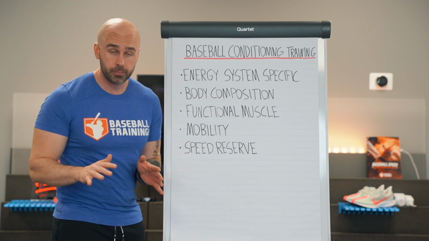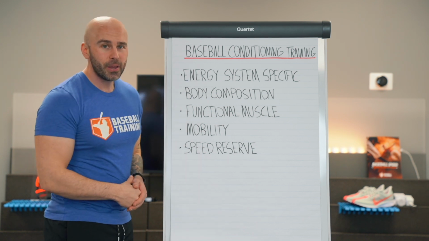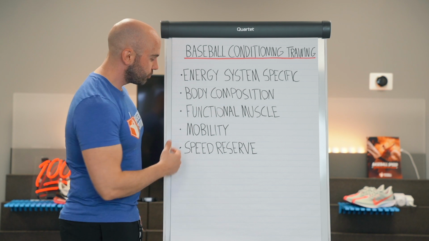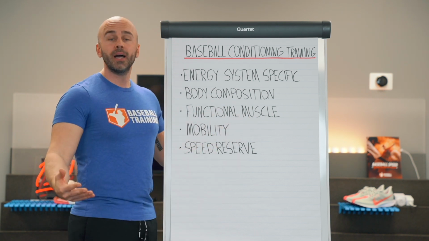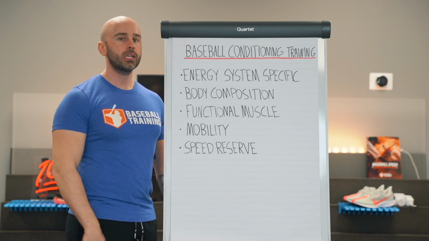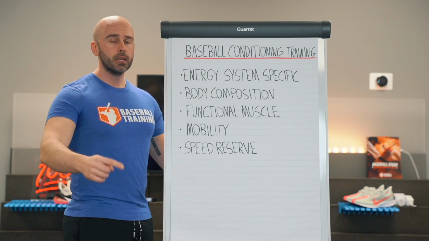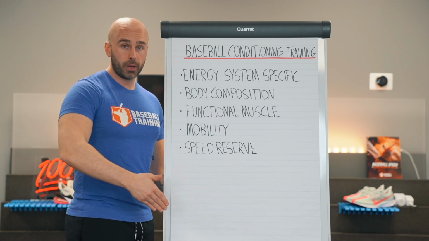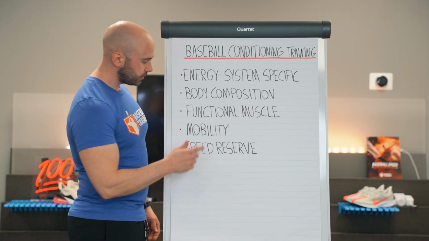Or to put it very simply, you've got a lot of muscle, but you don't got the hustle. Baseball players need the muscle and the hustle. So during even a mass-up phase, even if you want to build 40 pounds of muscle, right? That'd be enormous. Even if you want to do that, you've got to do conditioning and cardio the whole way through. You've got to make sure that the muscle that you're building is functional baseball muscle. Got it? That's a big one that a lot of people miss.